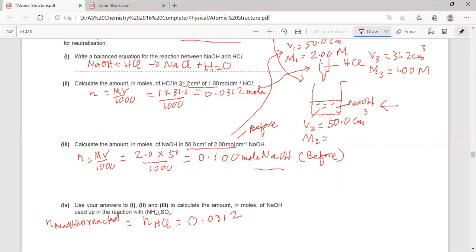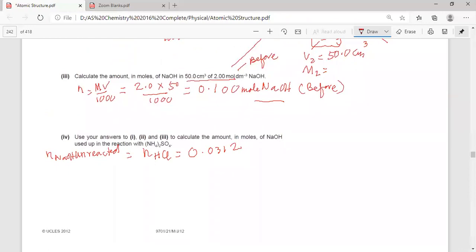Now, therefore, the number of moles of NaOH reacted with ammonium sulfate equals originally 0.100 minus 0.0312.